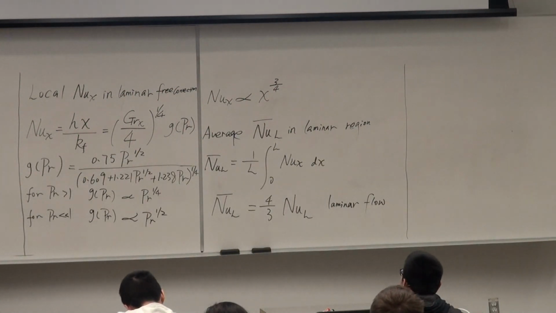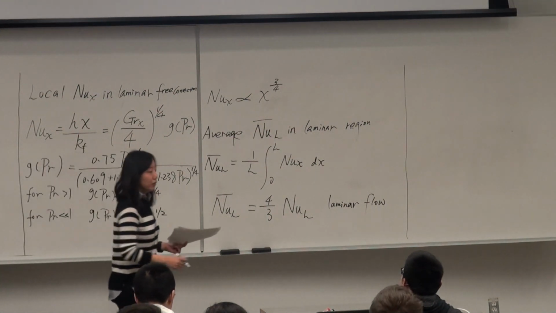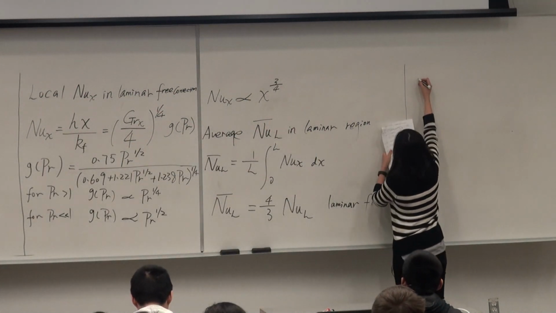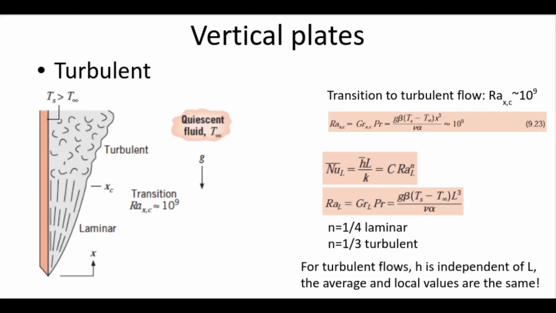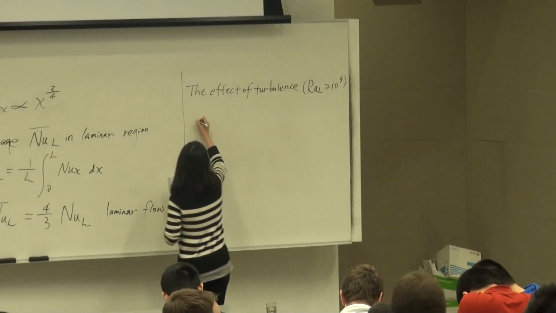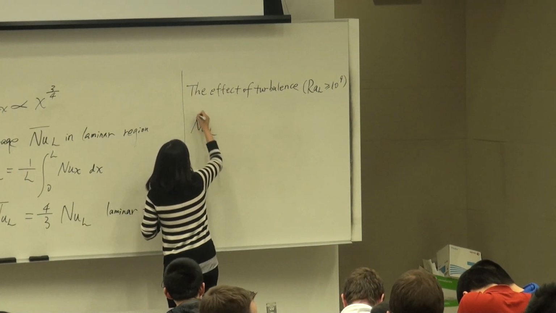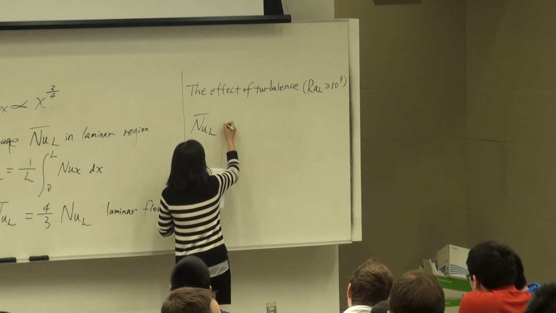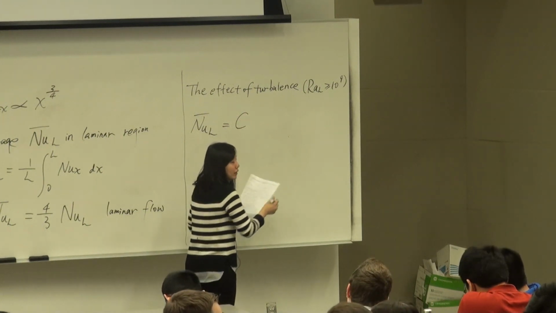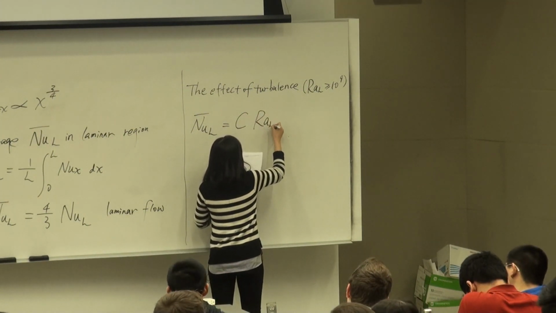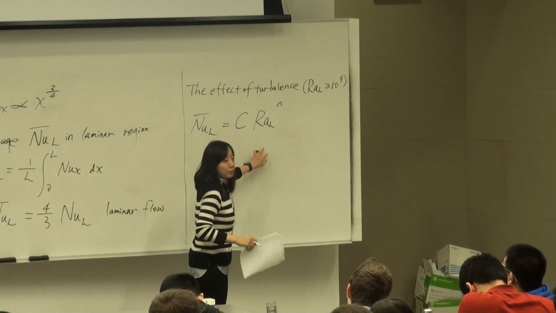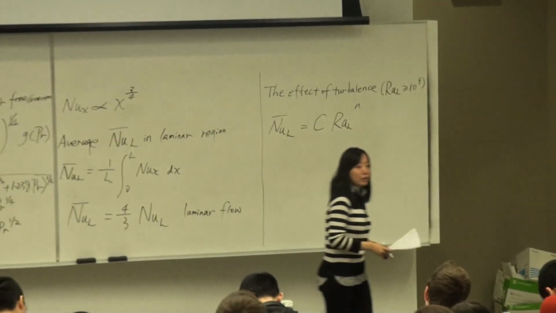If our Rayleigh number exceeds that critical value of 10 to the power of 9, there is no theoretical solution like in the laminar region for turbulence. We need to go to correlations based on experimental measurements. The average Nusselt number typically has the form of a constant coefficient times the Rayleigh number to some exponent.